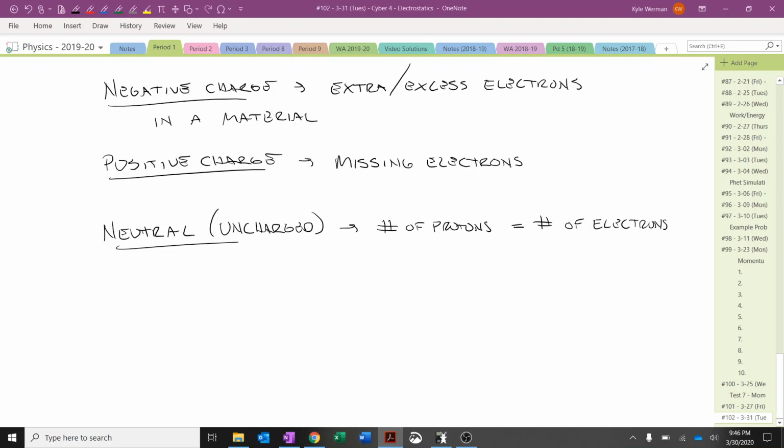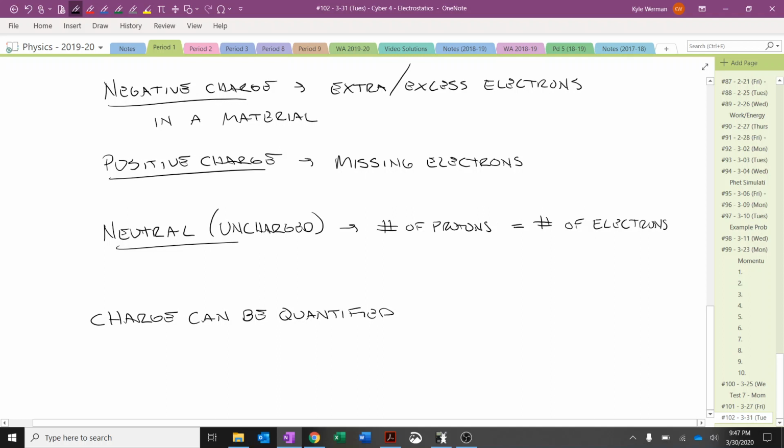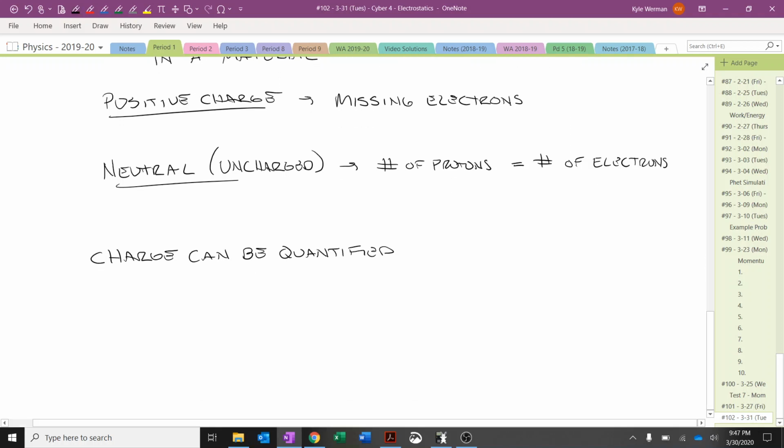Now, when we're talking about charge, charge can actually be quantified. Just like we can measure distance or time or velocity with a number, and we have a label of a unit, we can measure the amount of charge on a material with a unit and a label.